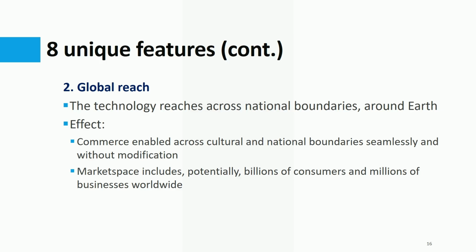In contrast, traditional commerce usually stays local and regional, involving local stores or national chains with local branches. TV, radio, and newspapers are mostly local or regional too, reaching a national audience but not easily going global. And e-commerce can do this. So that is what is called global reach.